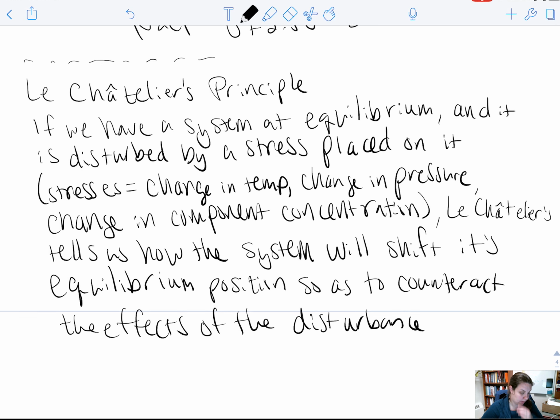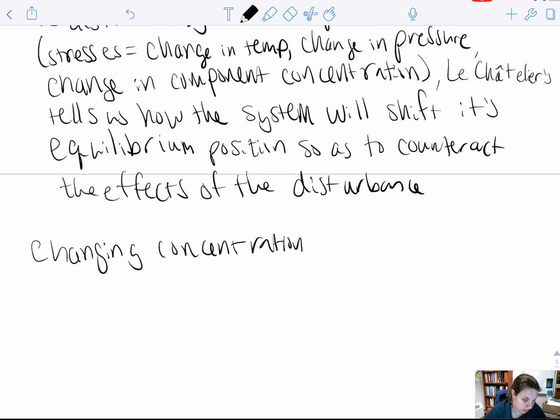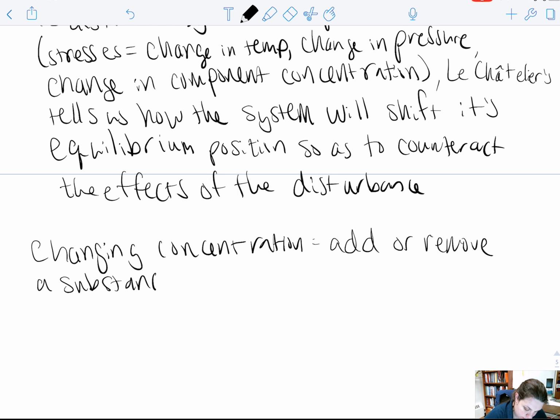Okay, so let's look at each of these. So changing concentration. I'll go much more in detail on this in class, but changing concentration, we're going to add or remove a substance within the equilibrium expression or equilibrium reaction.